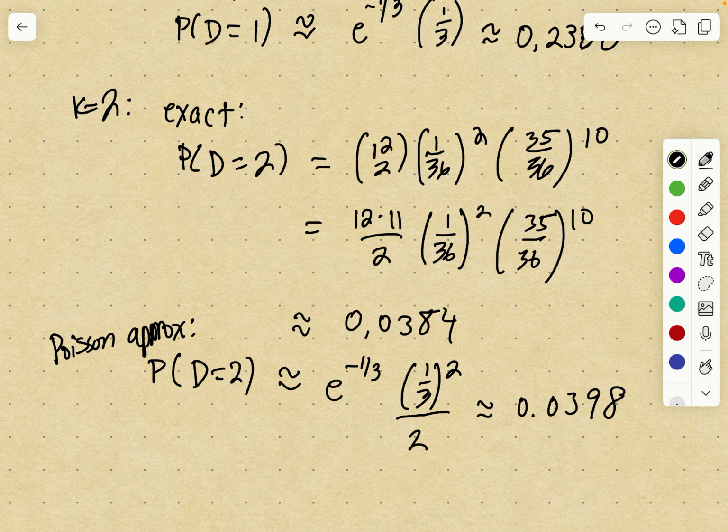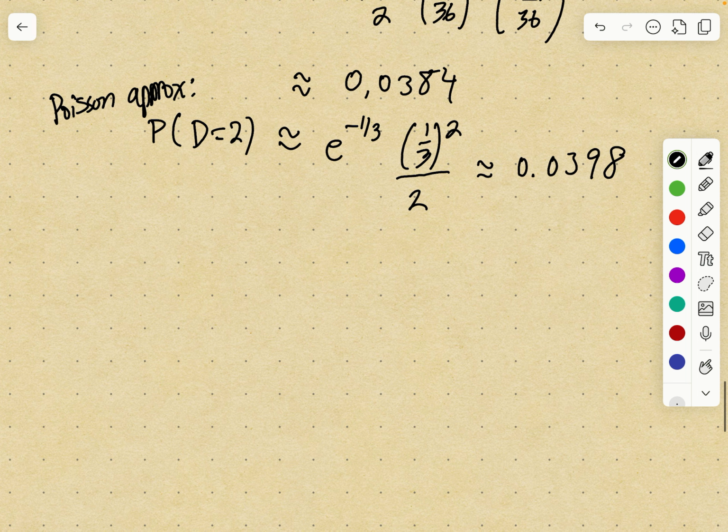Okay, now let's look at a proof of the theorem, now that we have an idea of how to apply the theorem.